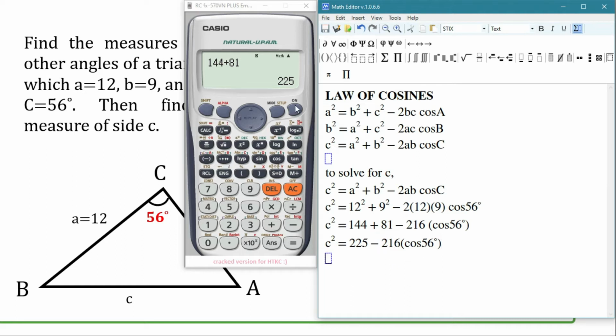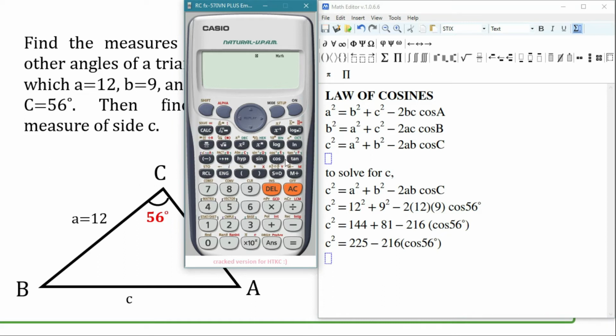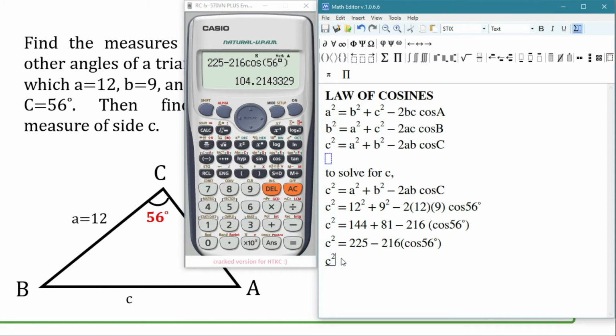Okay, so what we're going to do is just to plug in ito sa ating calculator. So that's 225 minus 216 multiplied by the cosine of 56 degrees. Okay, so sa mas madaling paraan, we can have our answer. So that is c square equals 104.2143329.